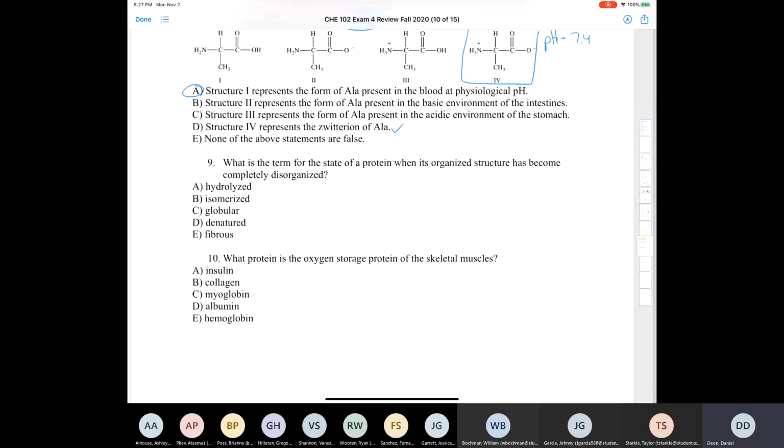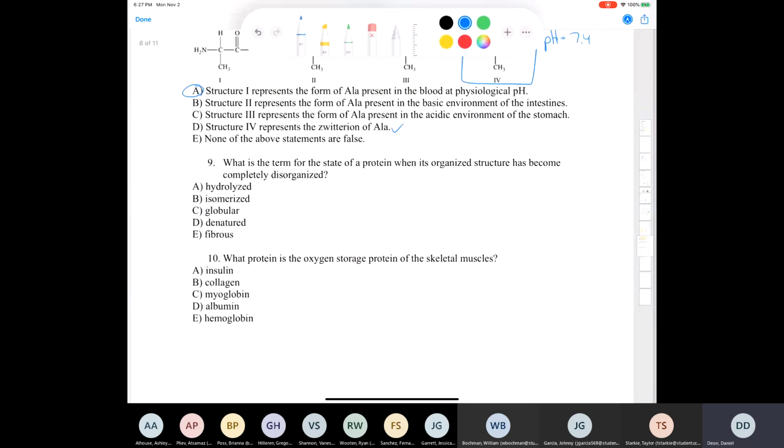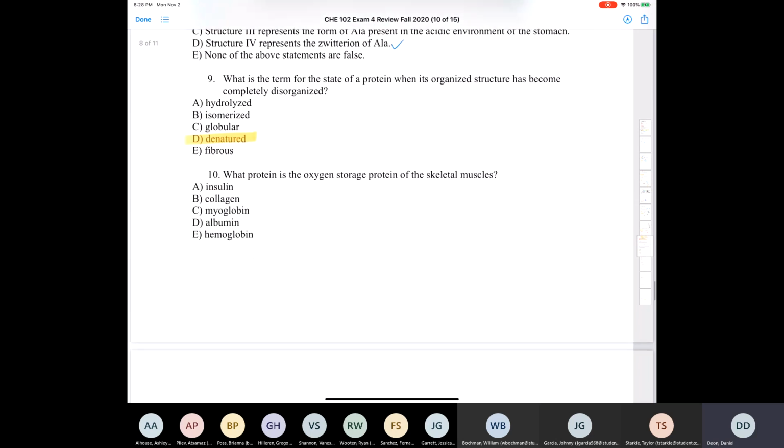What is the term for the state of a protein whose organized structure has become completely disorganized? I give you 5 seconds to solve this one. You completely disorganize a protein. What's it called? Yeah, it's denatured, right? You've denatured it. Okay, good. The next one, I also give you 5 seconds to answer it.